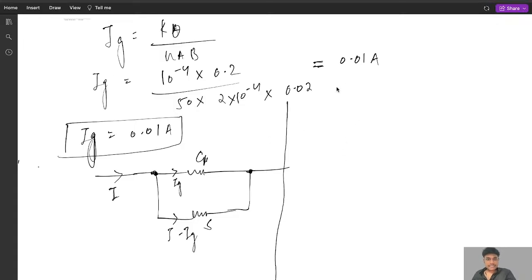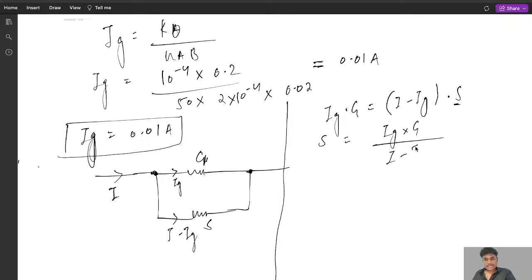IG into capital G is equal to I minus IG into capital S, that is the shunt resistance, and we have to find the shunt resistance, that is S is equal to IG into capital G upon I minus IG. From here we get shunt resistance, that is IG, equal to 0.01, into what is capital G?